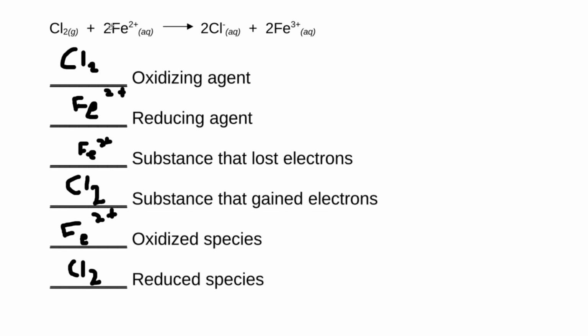Always refer to this stuff by the reactant names, never the product names. It's important to remember the reducing agent always undergoes oxidation and is the oxidized species. The oxidizing agent or the oxidizer always undergoes reduction and is the reduced species.